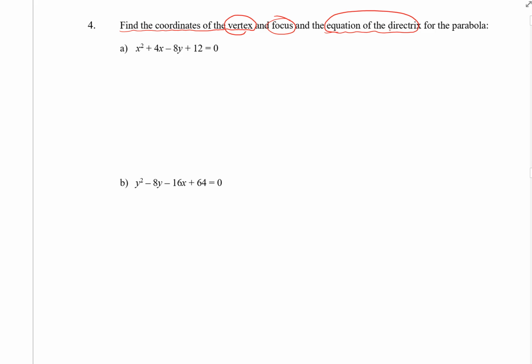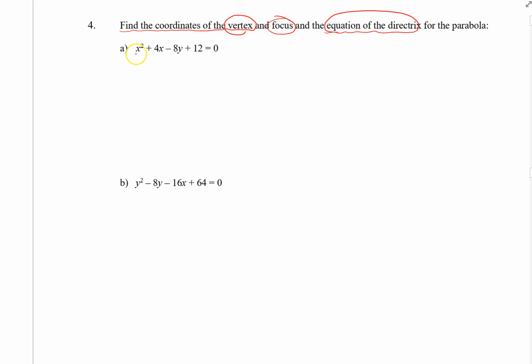I'm going to have two answers that are points, and points are two values inside brackets, and an x equals a constant or a y equals a constant as the equation of the directrix. Okay, so I think we're in a good position to move on after having done that and made sure that we've registered that. We don't move on if we don't know what the question's about.